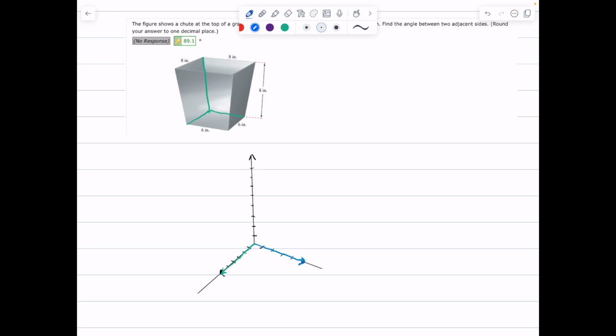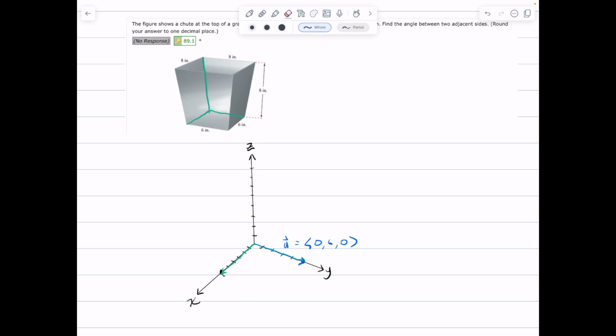So you have the blue one, call it U, equals, that lies on our Y axis. This is X, this is Y, and this guy is Z. And so that blue vector would be 0, 6, 0.